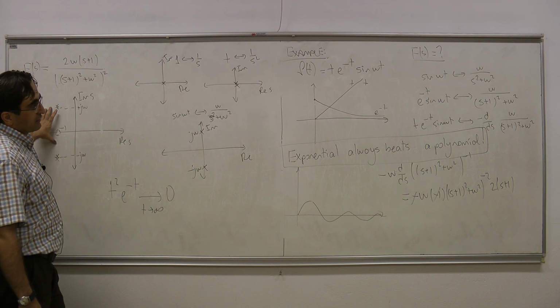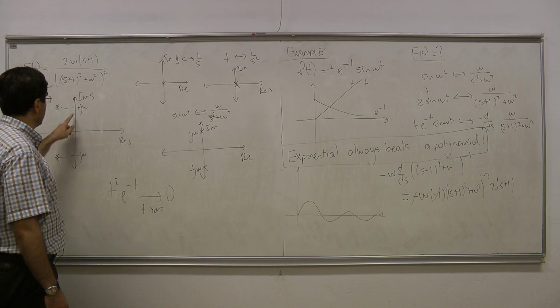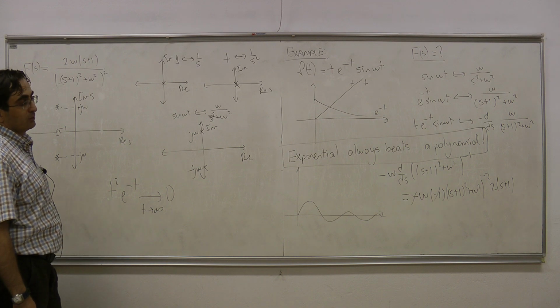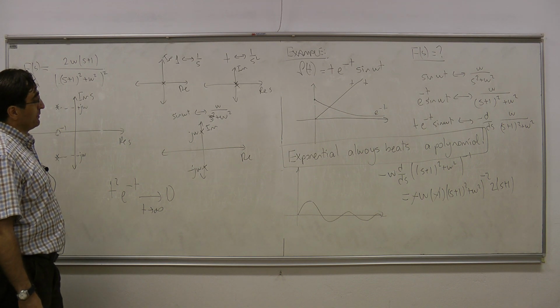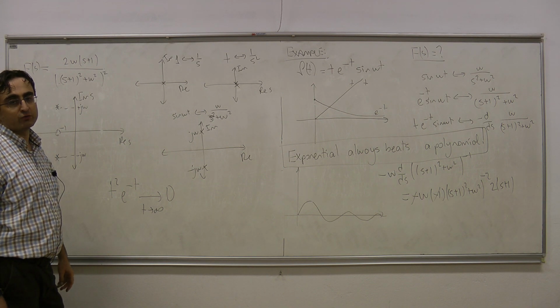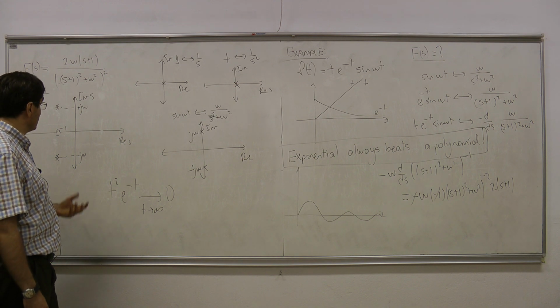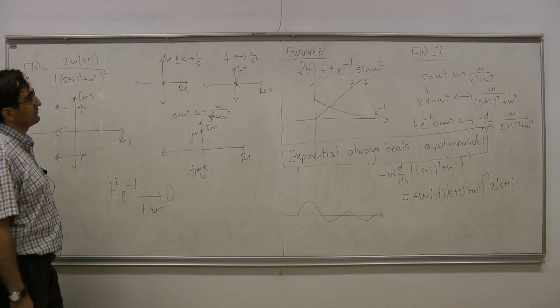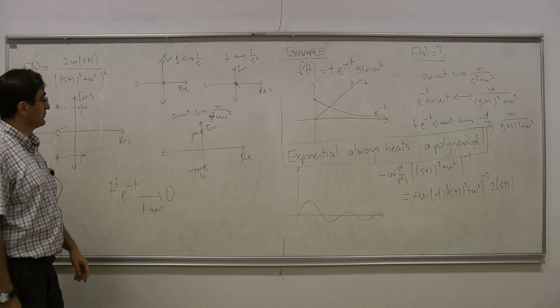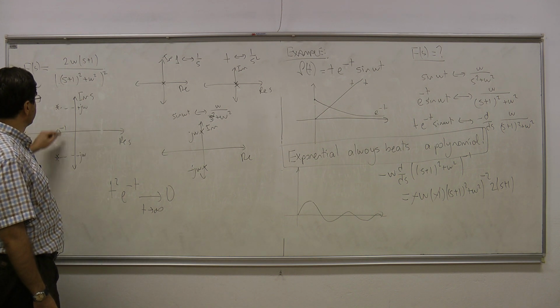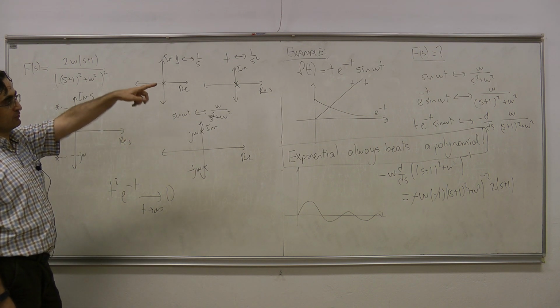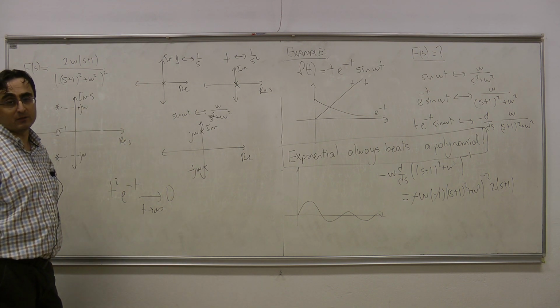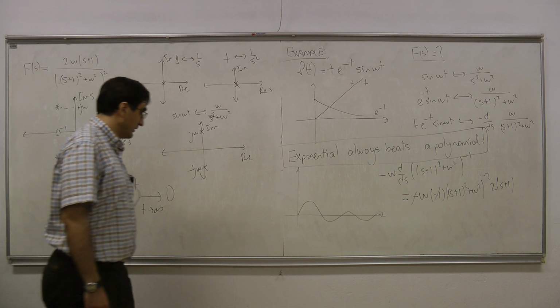The imaginary parts determine the frequency of the oscillations, this omega and minus omega. So the imaginary parts tell us that there are oscillations in the function. And the repetition of the poles tells us the t multiplications. If there were 3 poles here, then I would know that there would be a t squared multiplication in that function.